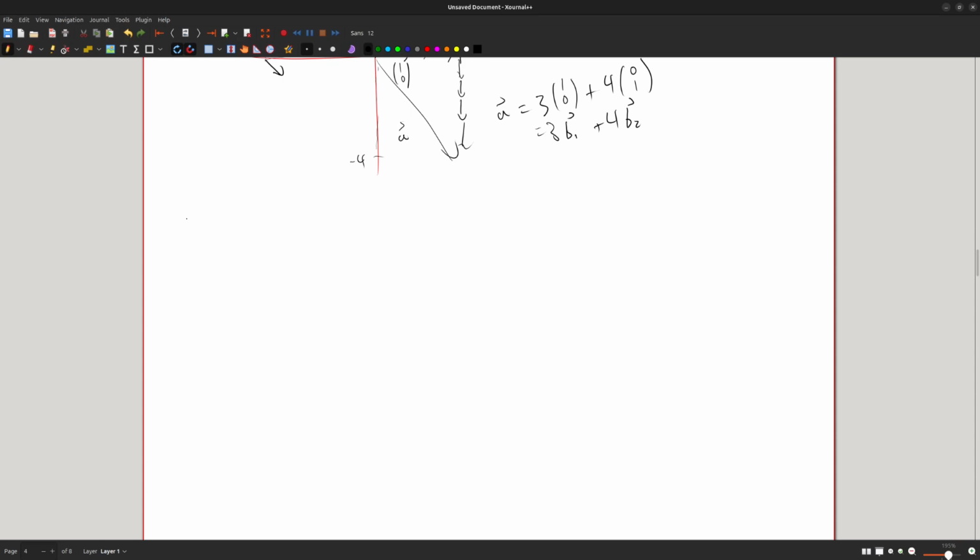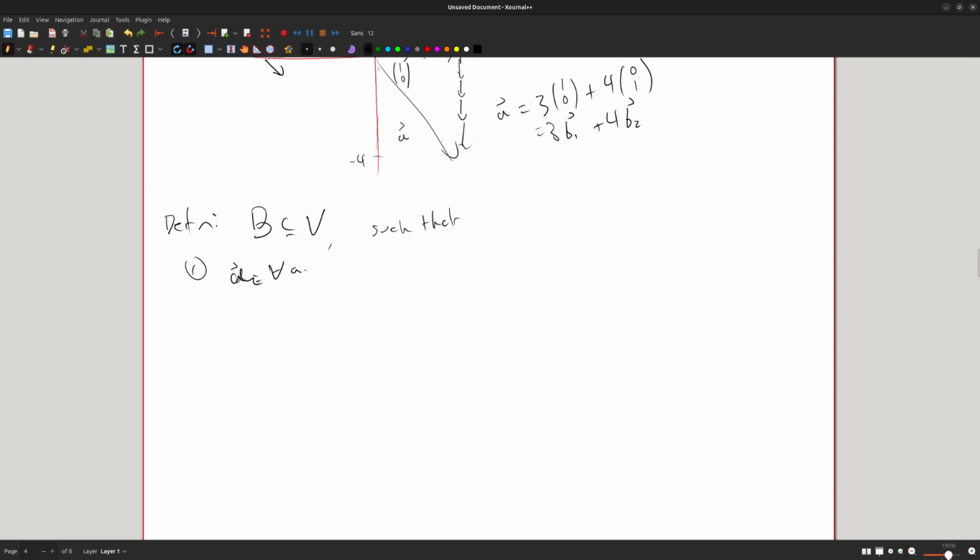So let's write out the more formal definition. A basis B is a subset of your vector space, a subset of V, such that, first of all, as we've already said, you need to be able to express any vector.